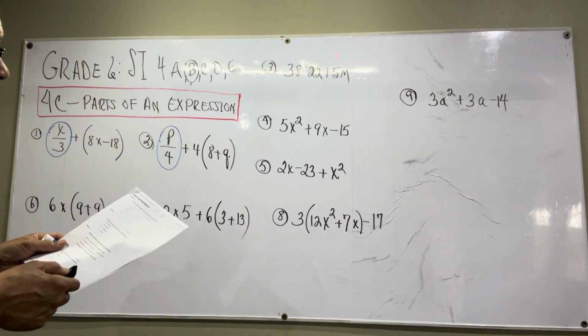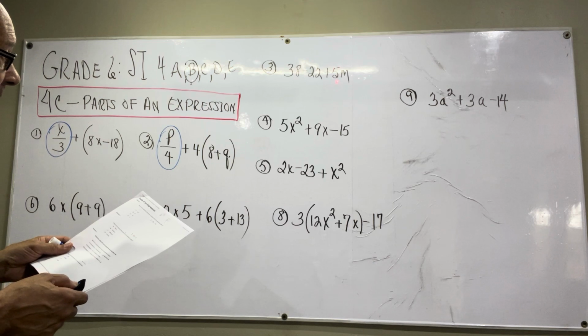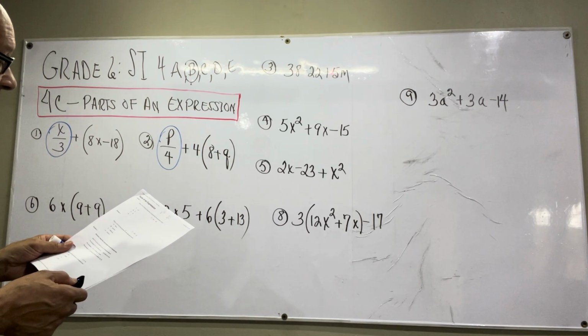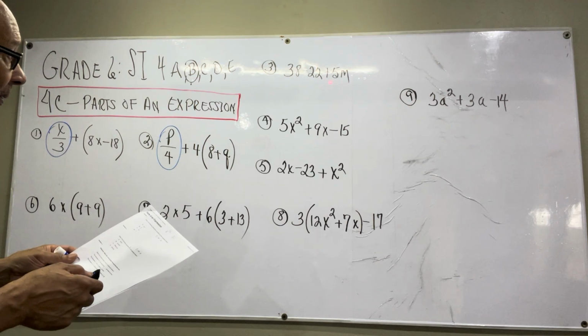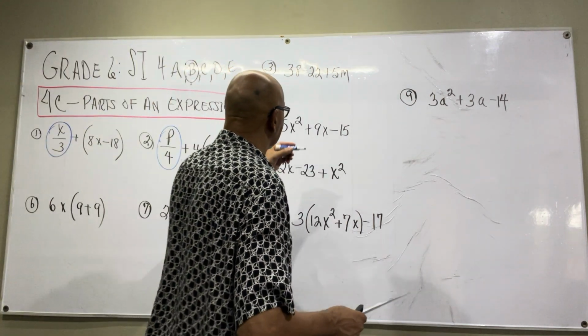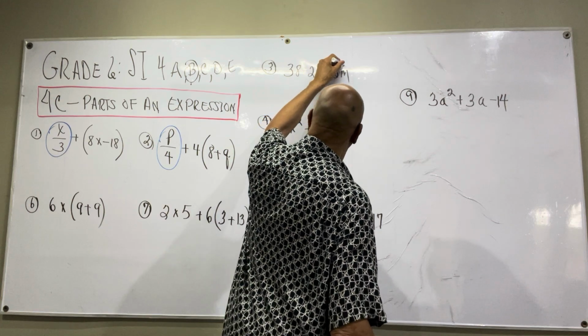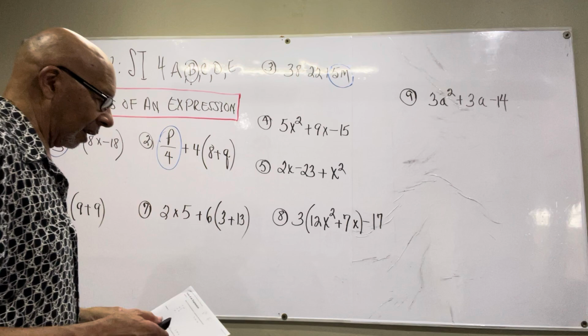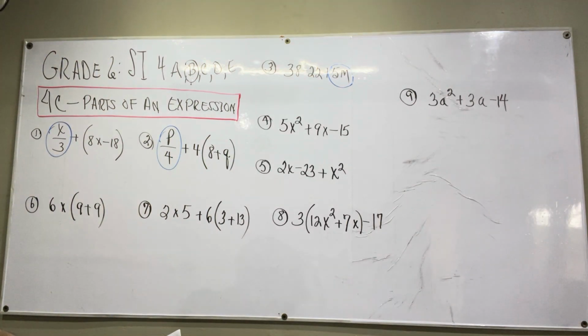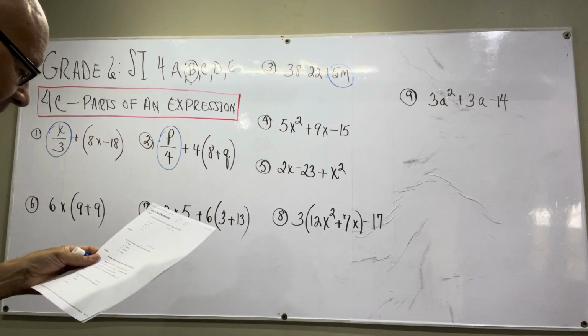Now, had they asked us what does 5 represent, we could have said coefficient. But they said, which one describes 5M? 5M is a product of 5 multiplied by M. So these are not that difficult. They're actually asking you to come to understand the vocabulary.